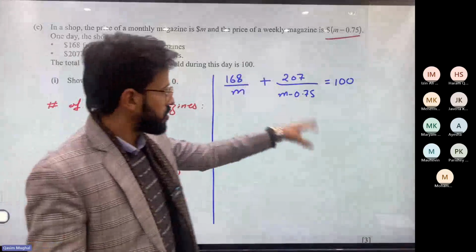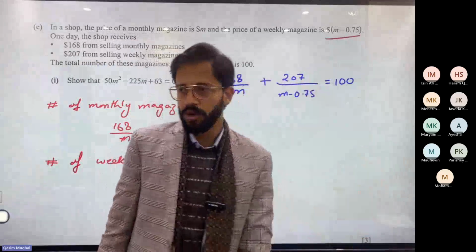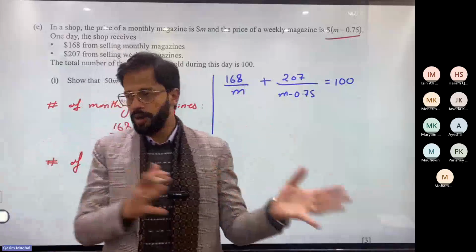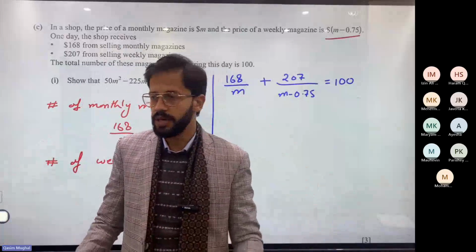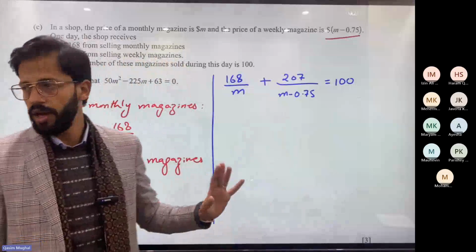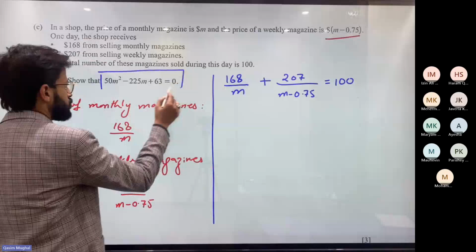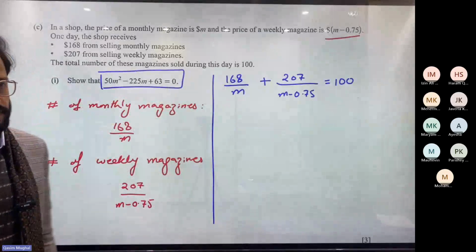Now, आपके पास equation आ गई है. अब आपने इसके अंदर algebraic manipulation, rearranging करनी है, addition, subtraction of this, converting them into the single fraction, and at the end, this is what you should get. ये कल हमने किया था.